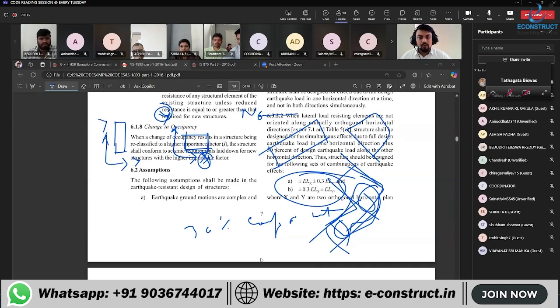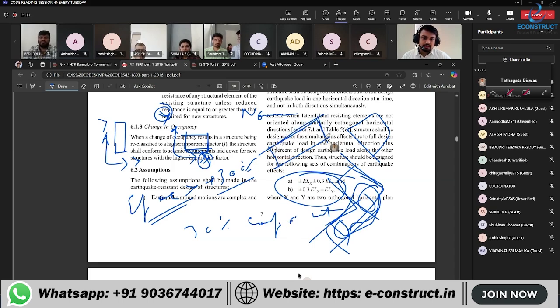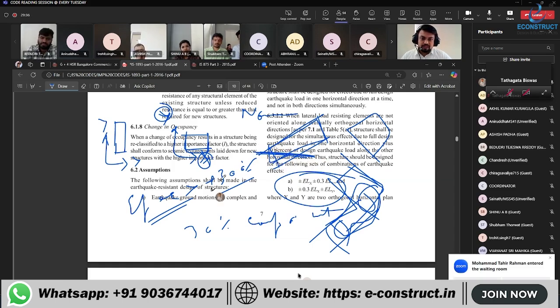Clear? Now, how to counter these non-orthogonal elements has been prescribed by the code: whenever you take the force of spec x, meaning the x side earthquake force, you take a component of 30% of that on the other side also, which is the y side. Suppose certain columns are oriented like this and you put an x-axis force on this particular column.